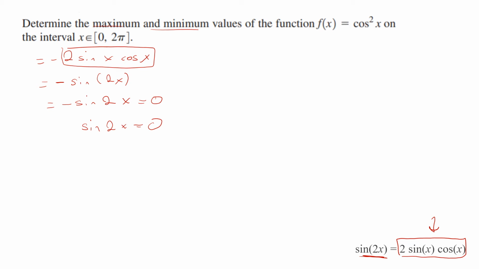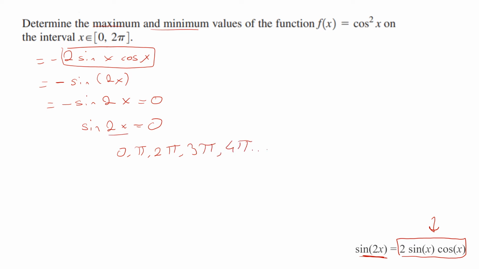So if you think of the graph of sin x, I know sin x equals 0 at the points 0, pi, 2 pi, 3 pi, or 4 pi. It goes on like that, right?